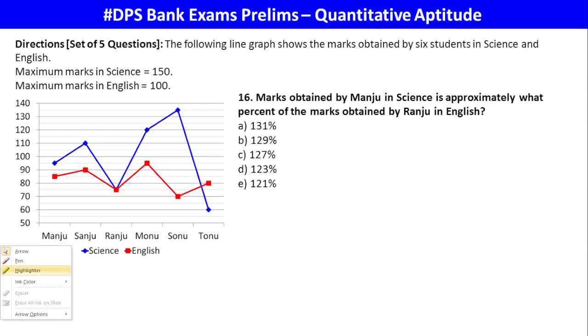The following graph shows the marks obtained by 6 students in science and English. Maximum marks. He is talking about the marks obtained and maximum marks. Okay. Marks obtained by Manju, right? He is approximately what percentage of the marks obtained by in English?